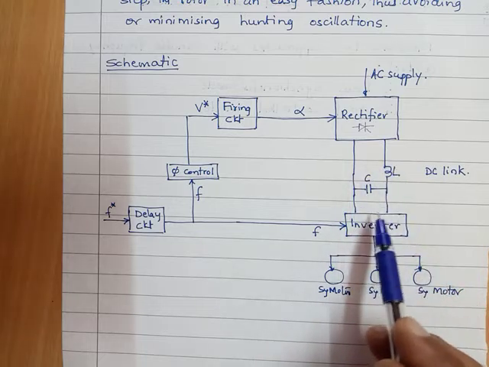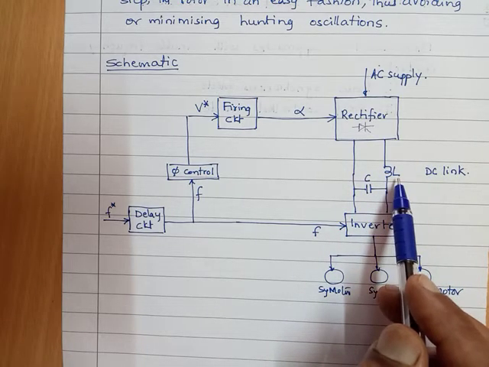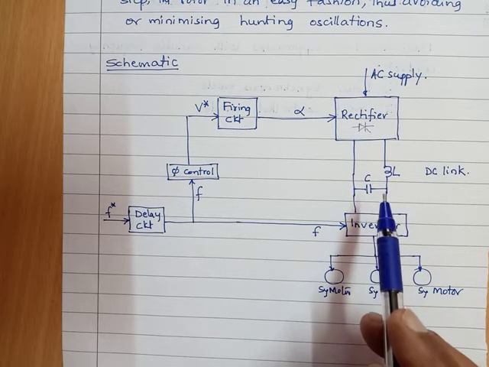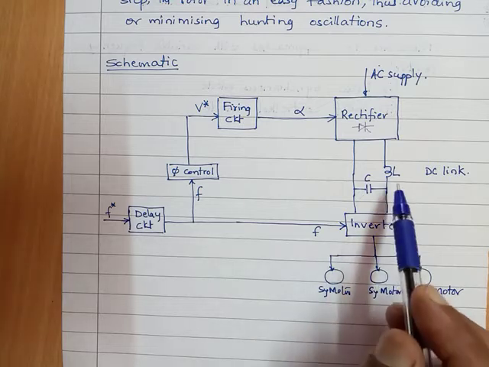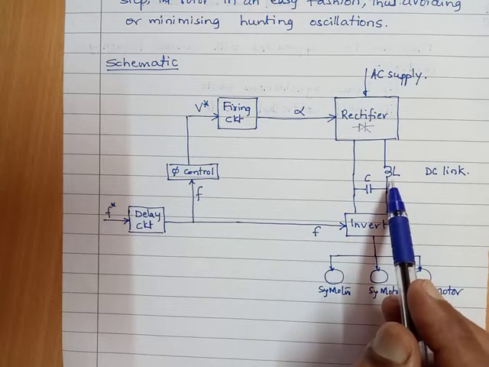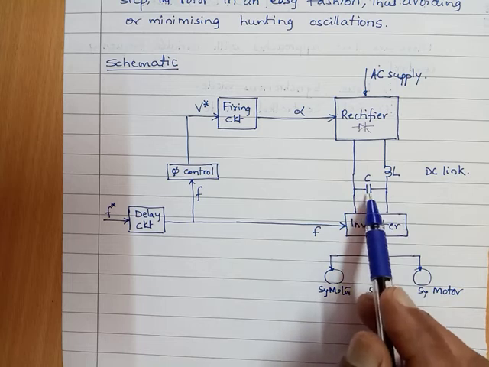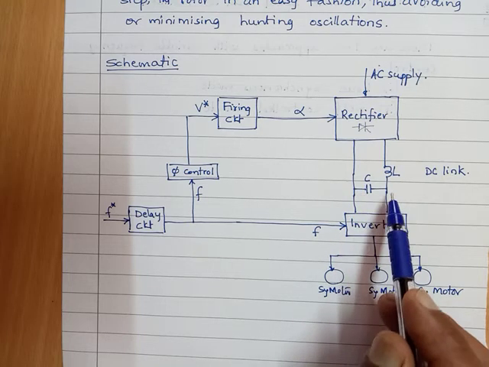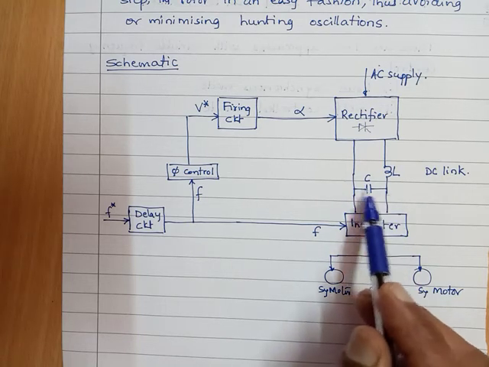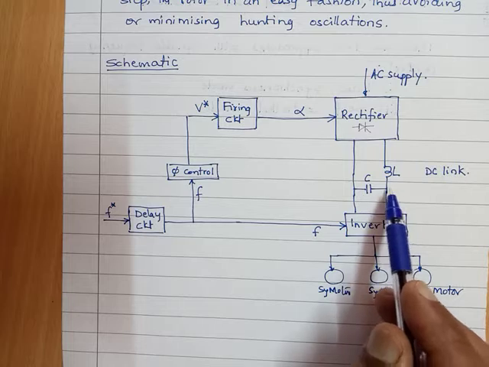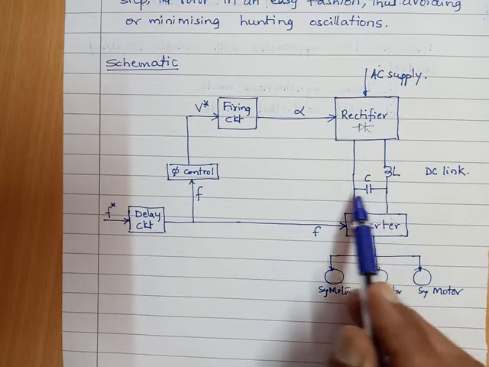In this, we have an inductor L and a capacitor C. Inductor L is used to smooth the current, and C is used to smooth and stabilize the voltage. The DC voltage will be more stabilized.